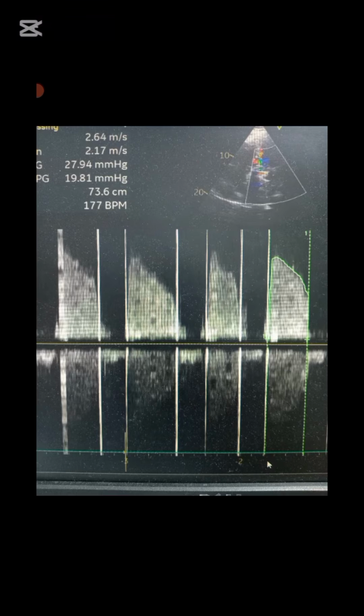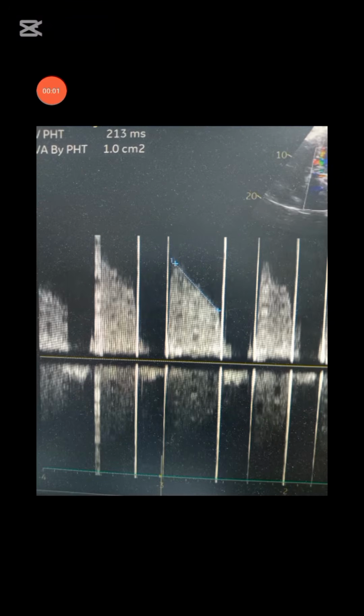So for more confirmation and to rule out, we will look at the pressure half time, DVI or VTI ratio, and effective orifice area, which can help identify pathological stenosis. The pressure half time less than 130 is normal, but here we have 213 milliseconds. This is more suspicious for pathological stenosis.